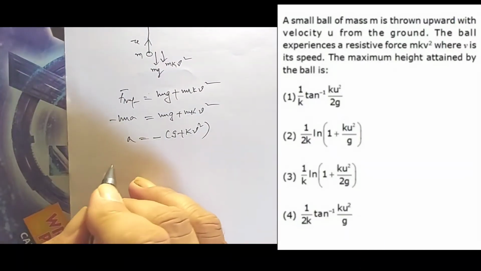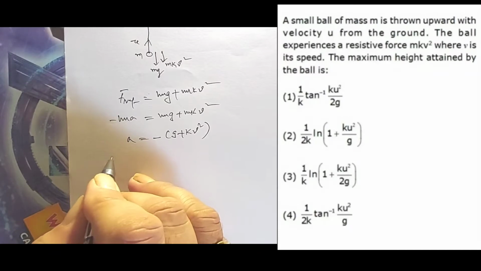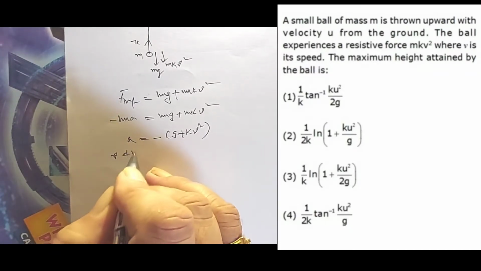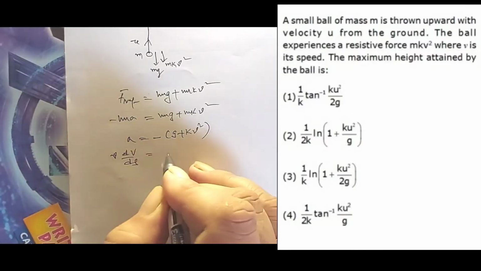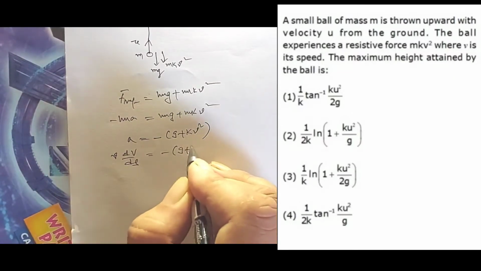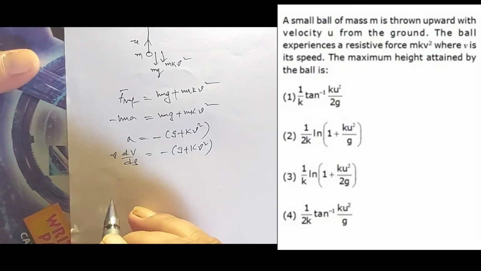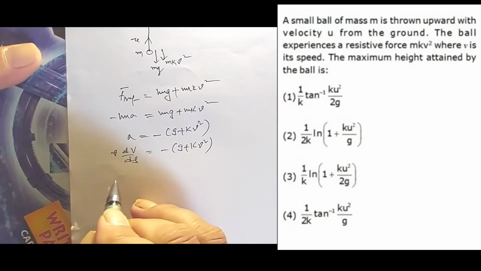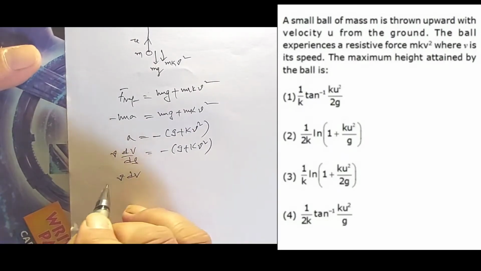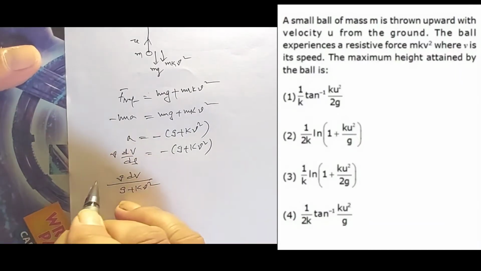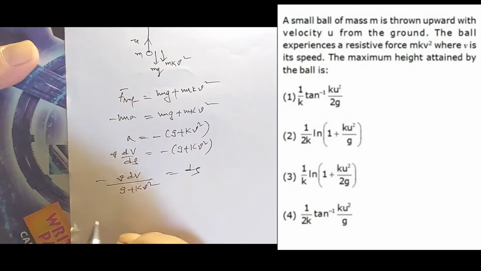So we know that a is written in terms of velocity. a is equal to v into dv by ds, is equal to minus g into (k plus v square). Now we have to integrate the above equation. So v dv by (g plus k v square), with a minus sign, is equal to ds.